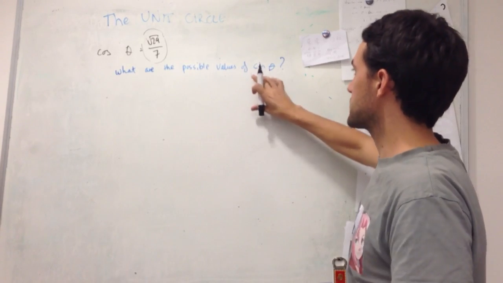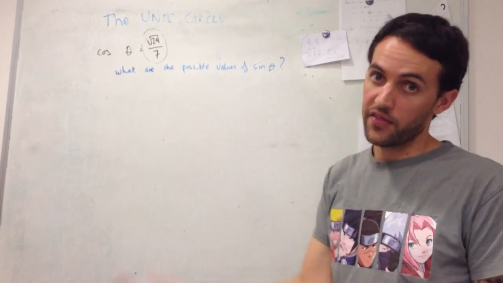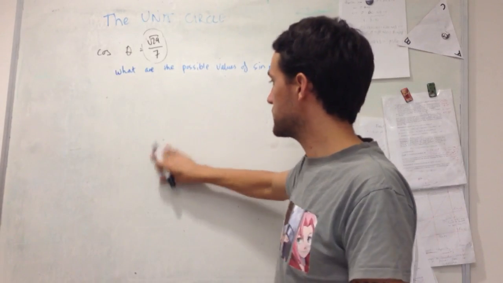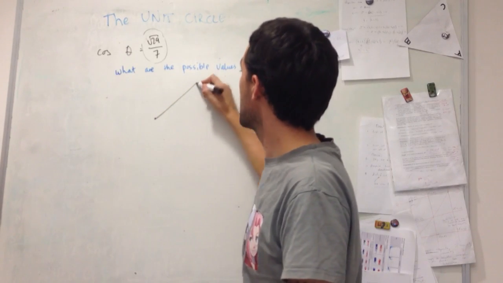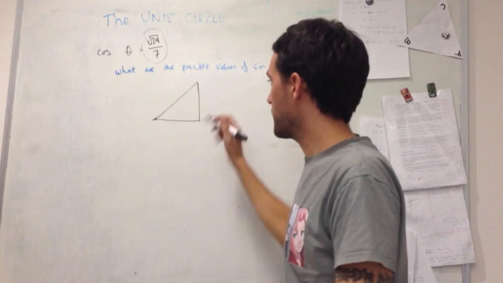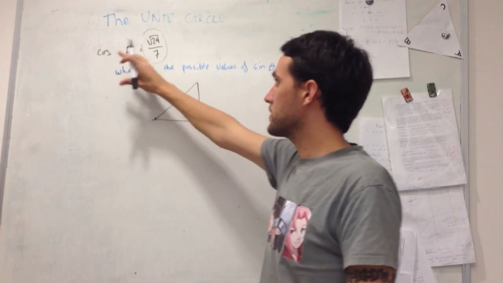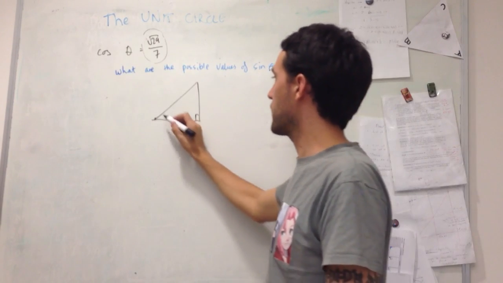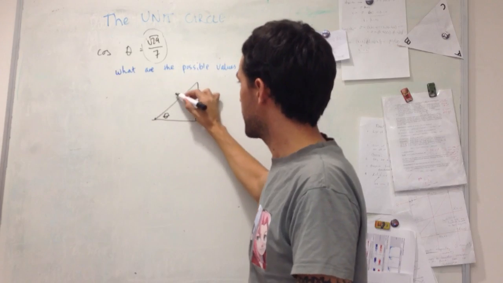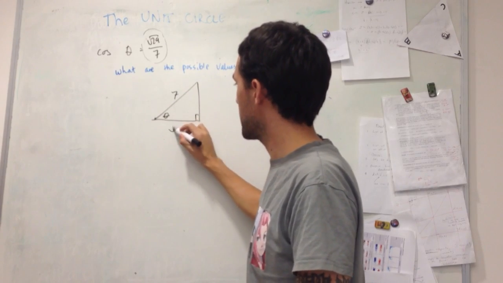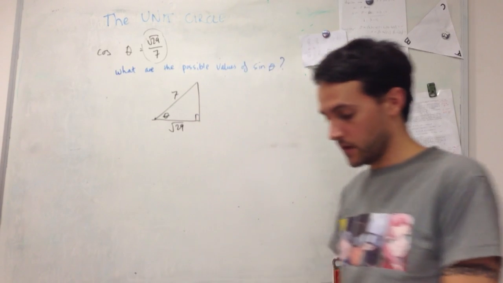Now, relating it to sine of theta, not theta itself, I can still do all this without a calculator. I start by just imagining the triangle, and with cosine of theta I know it's adjacent over hypotenuse, so if this is theta, then I can call my hypotenuse 7 here and my adjacent root 29 here.